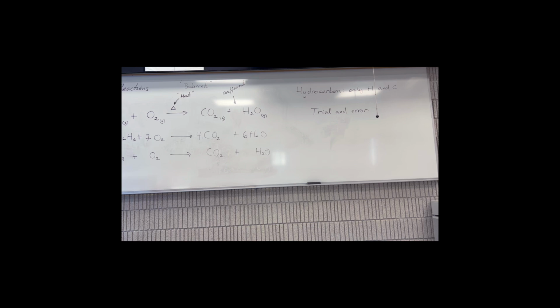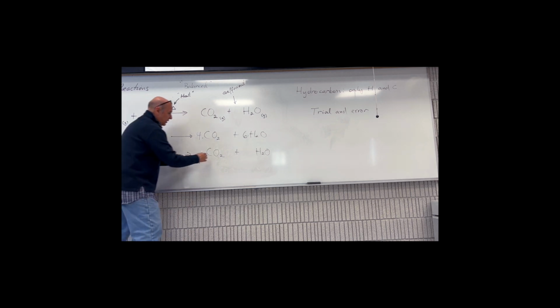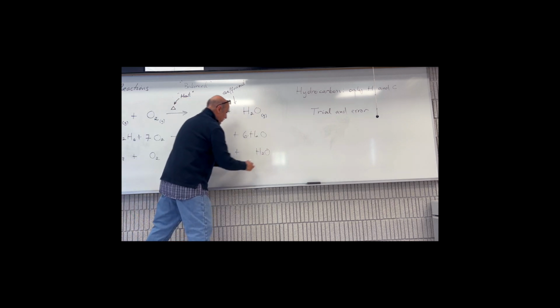If C is 5, H is going to be 2 times 5, 10 plus 2, 12. You see the progression? So this number is always double the carbon plus 2. Those are all alkanes, and they exist. They are real. So this is propane, burning in oxygen, producing carbon dioxide and water.